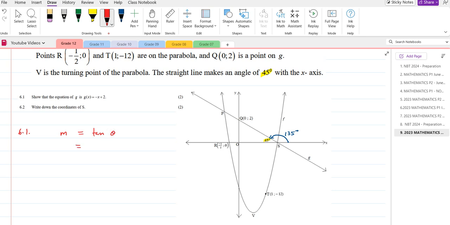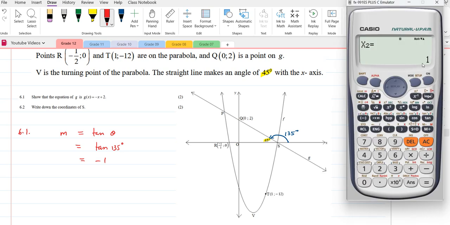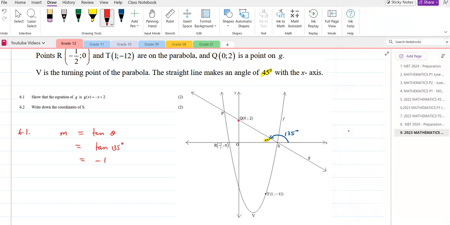Theta is the angle on the outside, so tan 135 degrees, your gradient is equal to negative 1. Use a calculator, mode 1, tan 135. See, I've got negative 1. Now the gradient is negative 1 and the y-intercept is 2, so g of x is equal to negative x plus 2. So we showed that the equation of g is negative x plus 2.